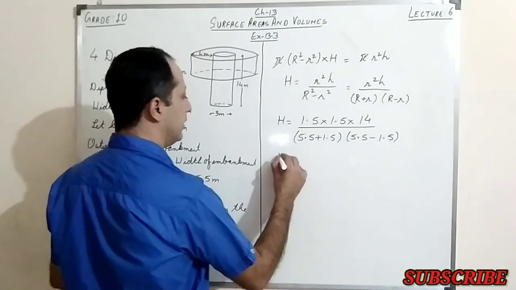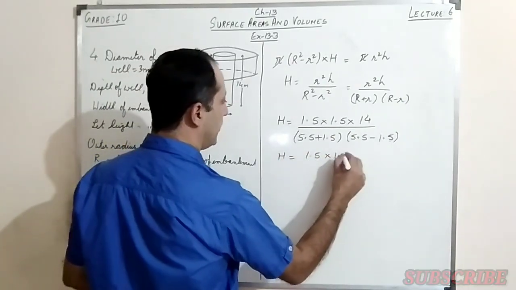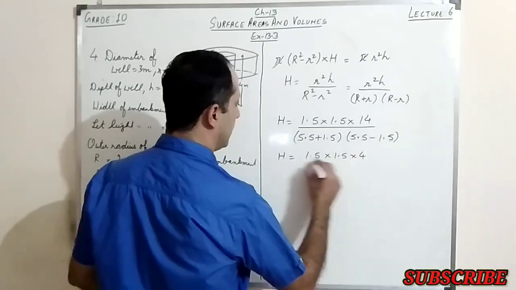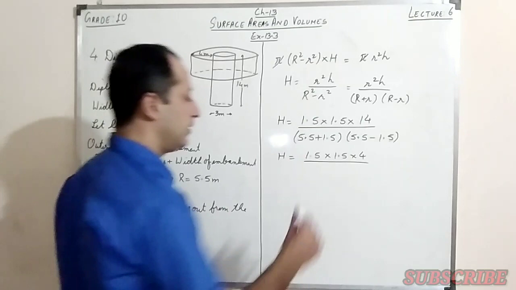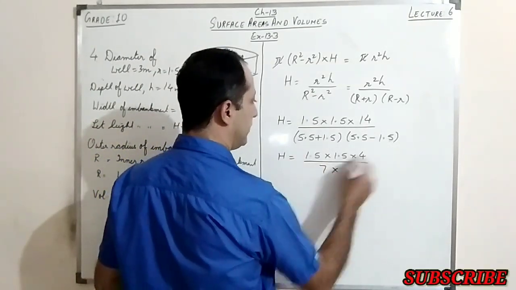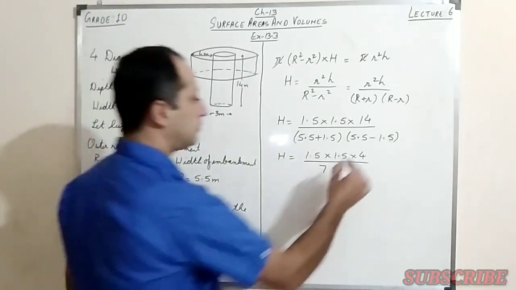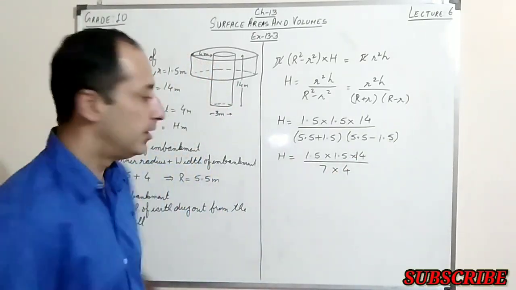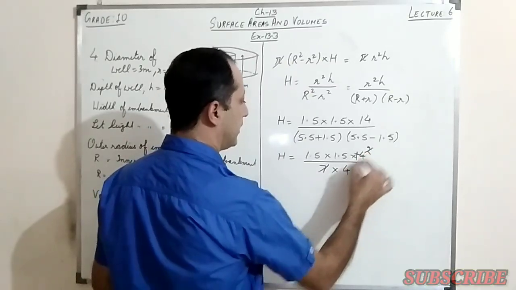Now again, in the numerator, this is 1.5 multiplied by 1.5 multiplied by 4, upon 5.5 plus 1.5 becomes 7, and this difference gives me the value 4. Right? So this 7 cancels out with 14, and this cancels out here.